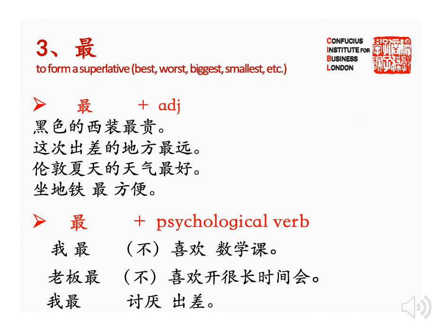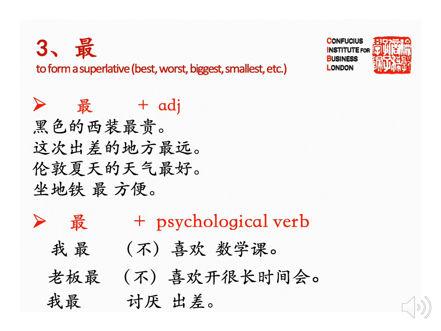For example, 黑色的西装最贵 The subject is 黑色的西装 The black suit is the most expensive. 这次出差的地方最远 Okay, the subject is 这次出差的地方 Is the farthest 最远 Okay. And another use of 最 we put the psychological verb after 最.